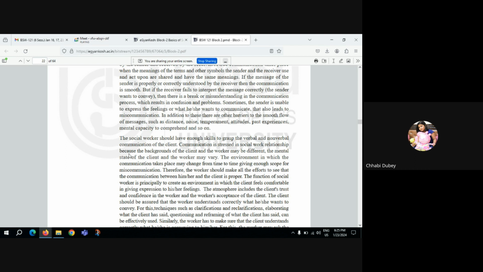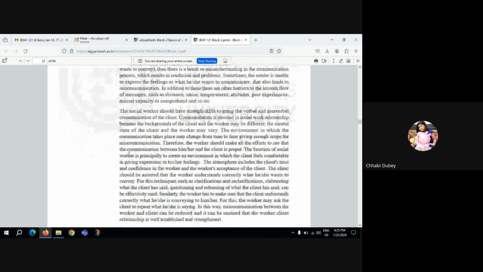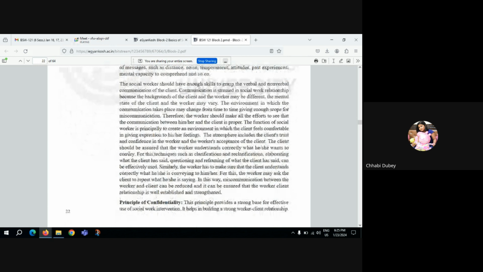It's not just the verbal communication that the client gives us, but there is also non-verbal communication that the client may convey to us. So we have to have the ability to grasp this non-verbal communication.